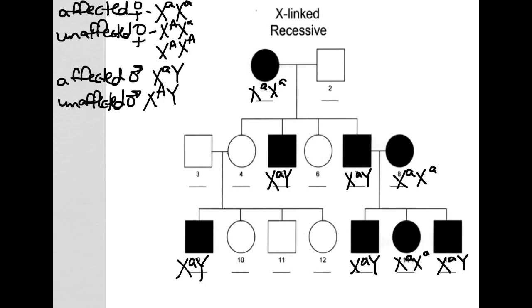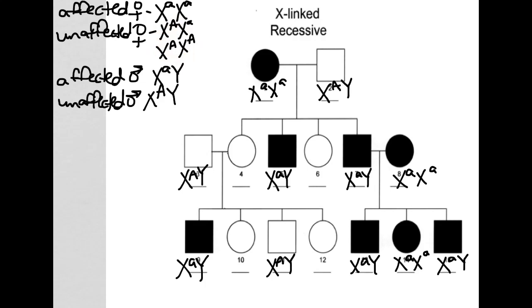And next we have all unaffected males are going to be XAY. So the only group that we have left to figure out are going to be the unaffected females, and their genotypes could be either XAXA or XAXa.